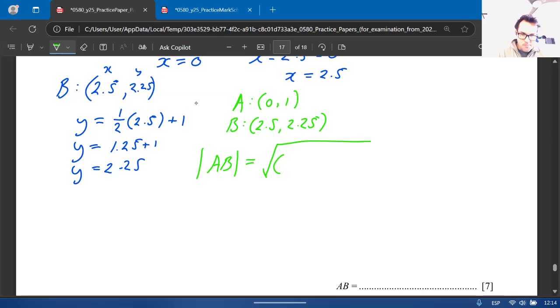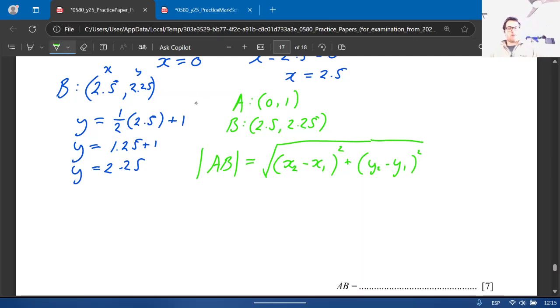And then we got x1 minus x2, or x2 minus x1, I can't remember, squared plus y1 minus y2. Or should we do it the other way around? It doesn't matter actually, because if you square a number, it always becomes positive.